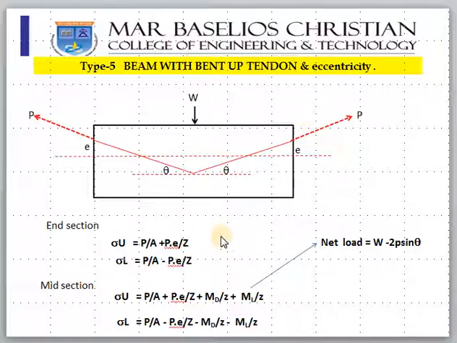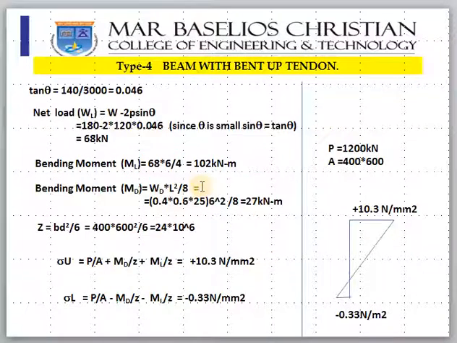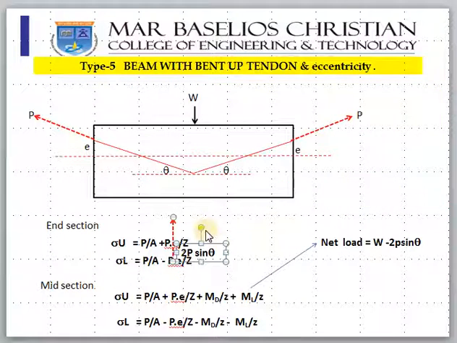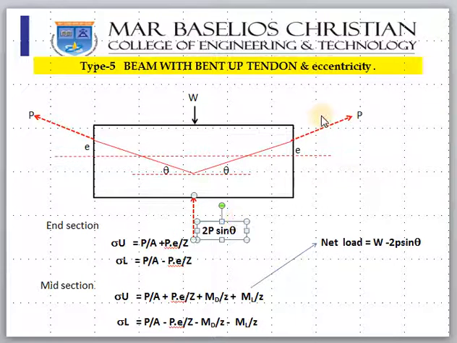In this case also the same situation will come. Because of the vertical component acting upward, 2P sin theta, your net load will be W minus 2P sin theta.